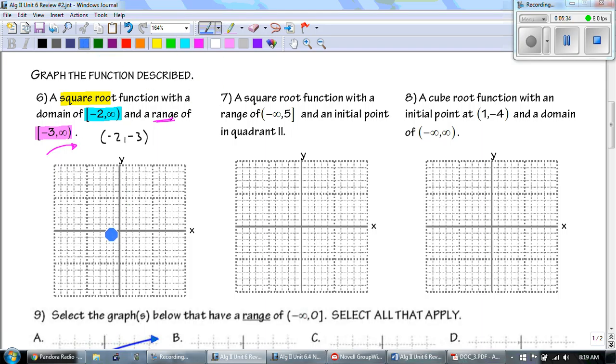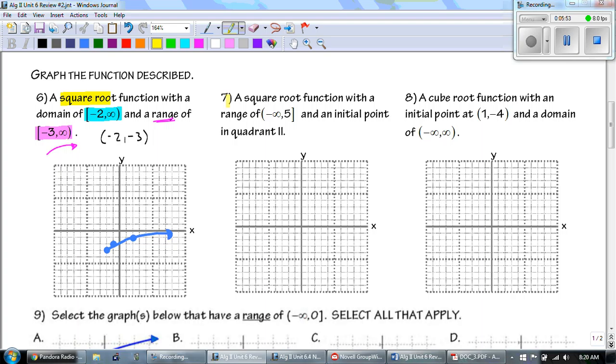So here we go. -2, -3, up 1, right 1, up 2, right 4. And there we go.